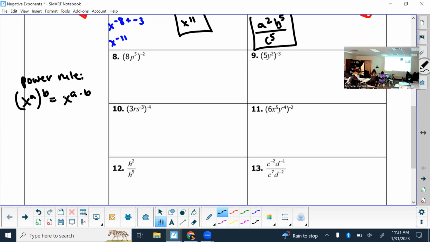So then in number 10, everything's raised to the power of -4. So even that 3. Normally I would treat the coefficients like normal and put this in my calculator. I mean, I guess you still could. Let me pull up my calculator.